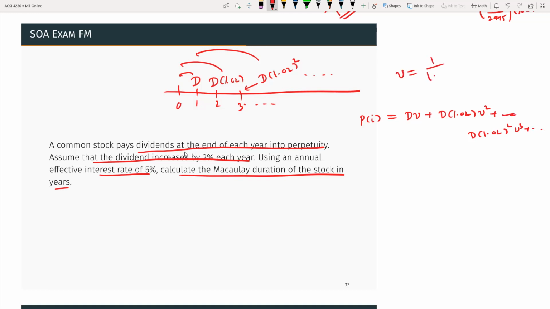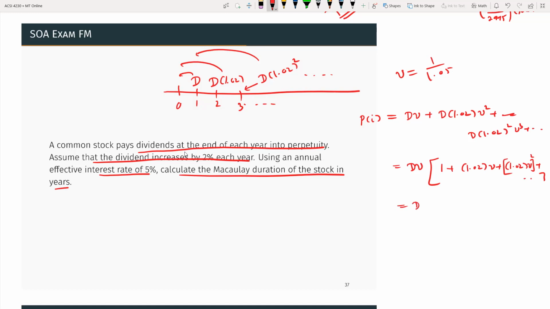V is 1 over 1.05. So you can see dV is a common factor. If I take that, I will get 1 plus 1.02 times V, plus 1.02V whole squared, and so forth.